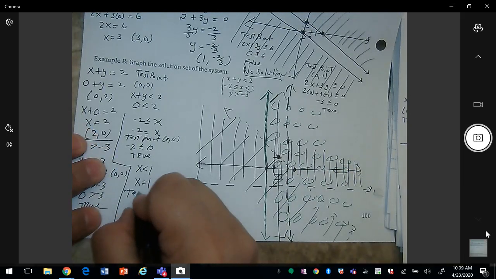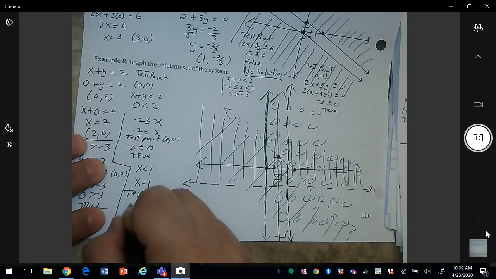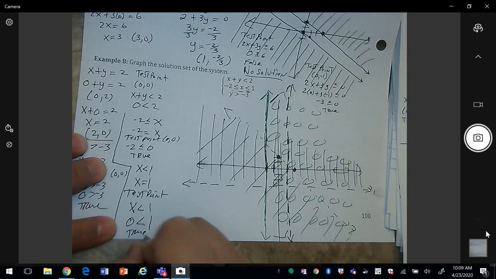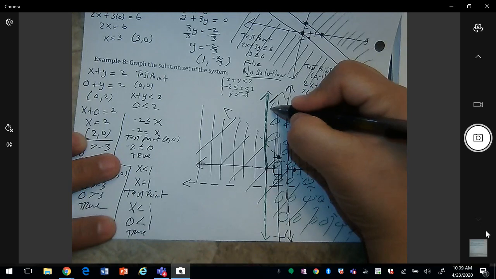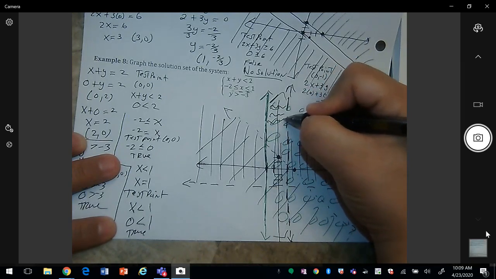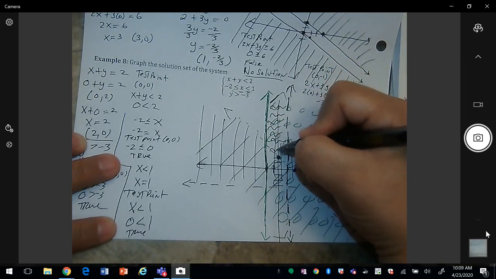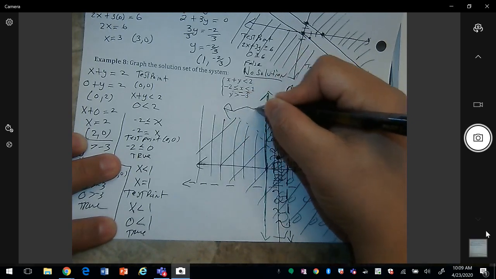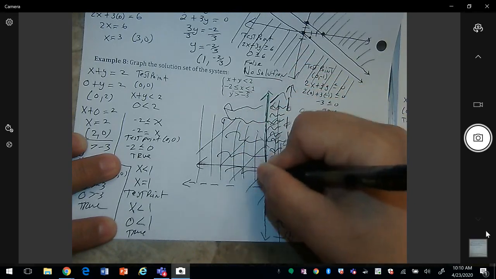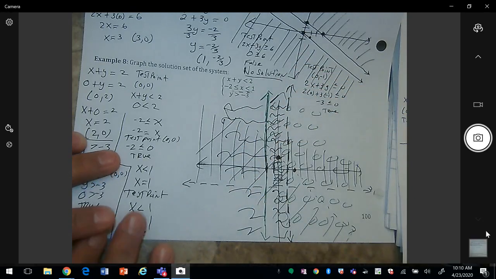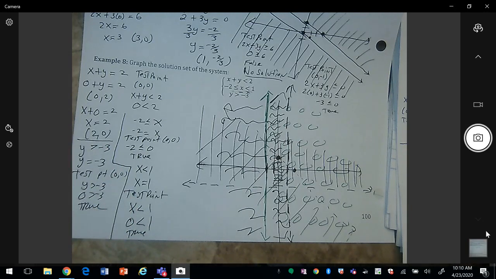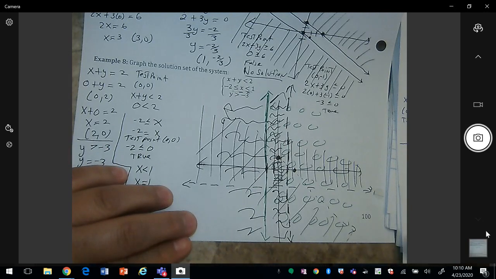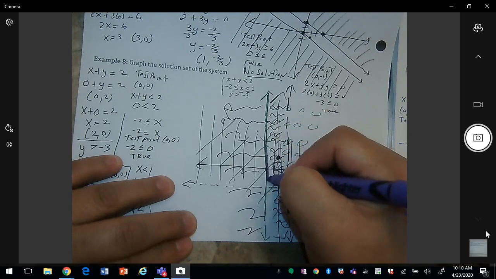So test point 0, 0. 0 is less than 1. This is true. So that means we're going to shade to the left. And I'm going to make little wavy lines to represent that shading. So it's kind of hard to see here, but where they have in common is going to be this area here.